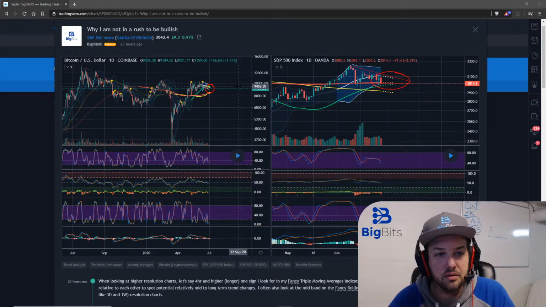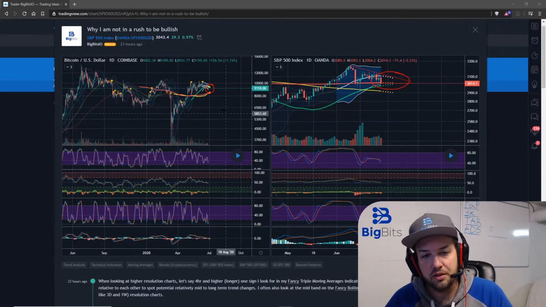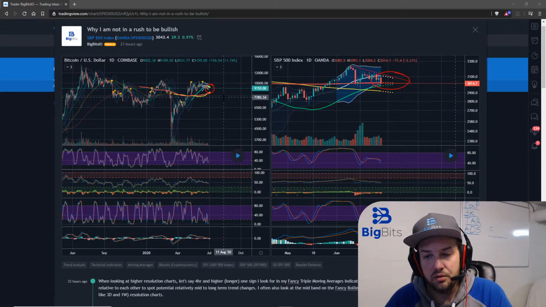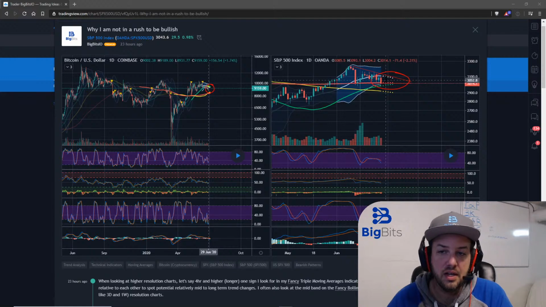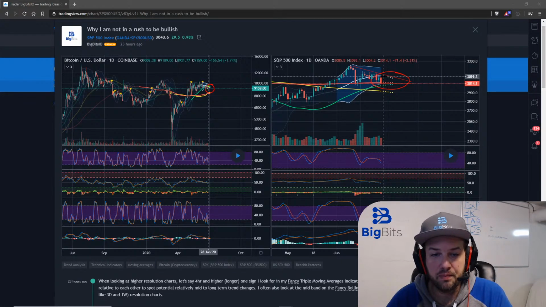But let's see. So this is the idea I posted, and it has a lot to do with these moving averages. The green, the yellow, and the red, respectively, are the 50, 100, and 200 moving averages, and the white one there is the mid-Bollinger Band, which is a 20-period moving average.